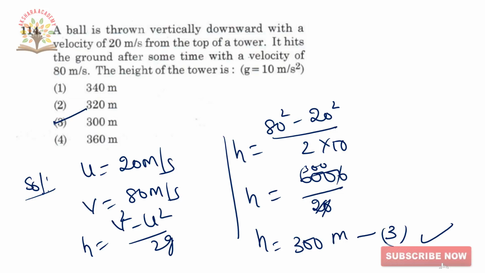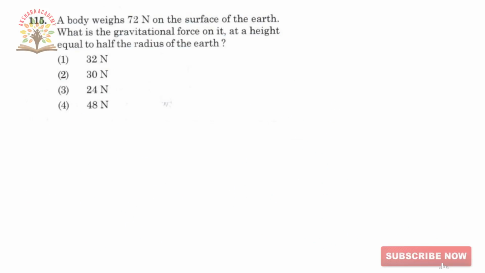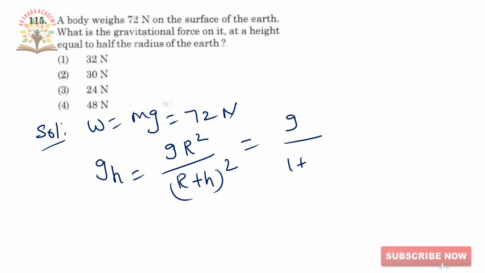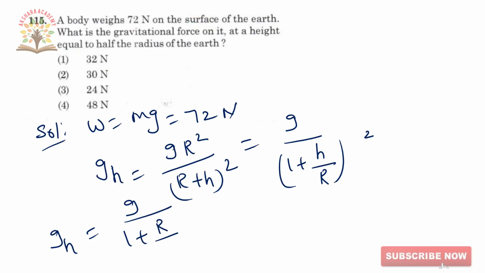Next we will go to question number 115. In this 115, the given force W is equal to, here I am writing the solution. W is equal to mg, that is equal to 72 newtons, and g_h is equal to g R square by (R plus h) whole square, that is equal to g by (1 plus h by R) whole square, that is equal to g by (1 plus R by 2R) whole square.